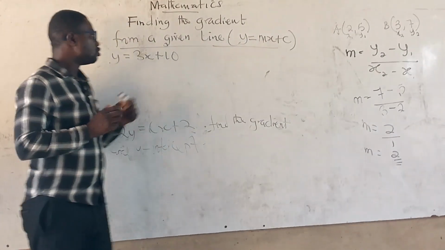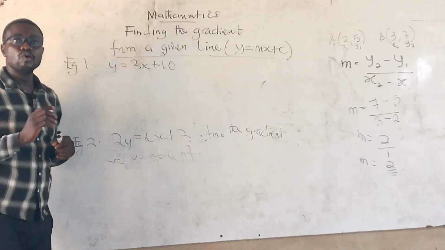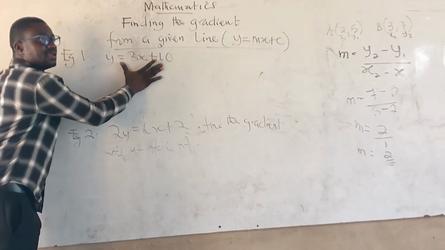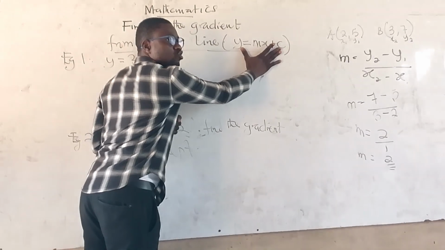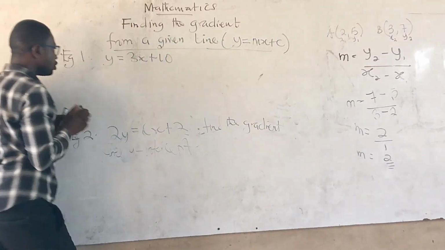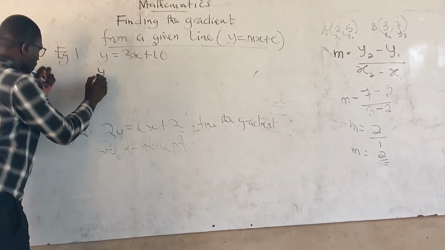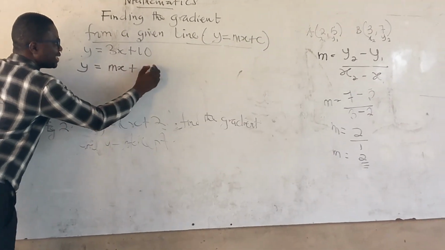Okay, so this is the question. What you do is compare this equation with the original general equation of a line, y is equal to mx plus c.